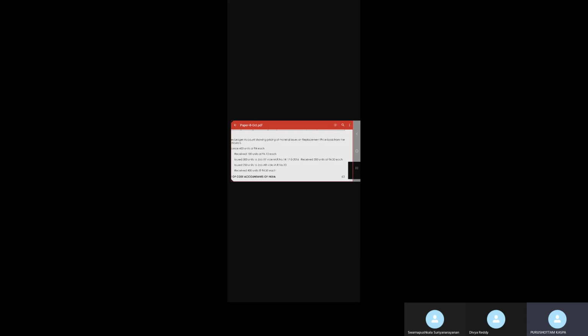When materials are issued from the stores department to the production department, it is necessary for the purchase department to buy and replenish the stock, to restore or replace it, because in future again issues are to be done.